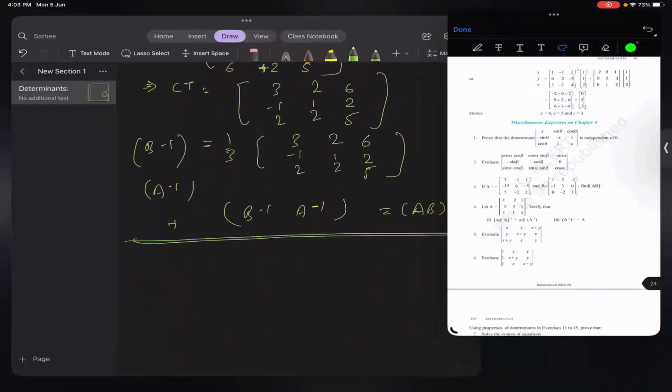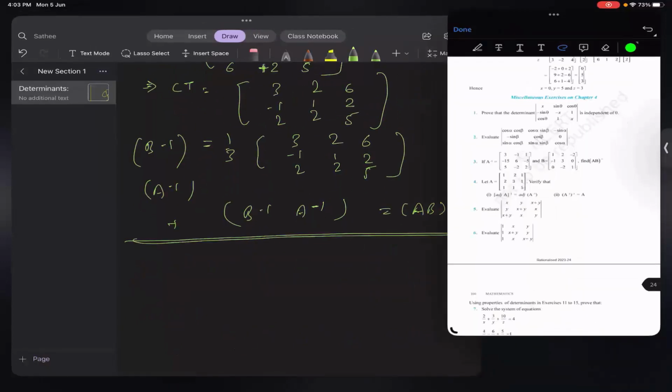In the fourth question also, you just have to verify the properties of the matrix, and you have to find different adjoint matrices. Like in the first case you have to find the adjoint of A, and you have to take the inverse. I'll tell you one new concept here.